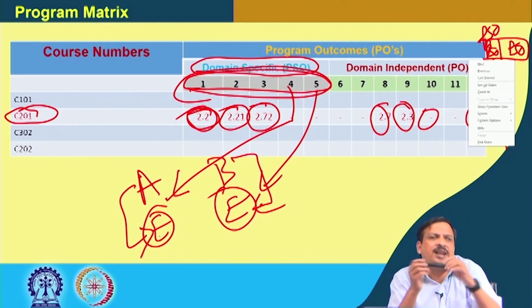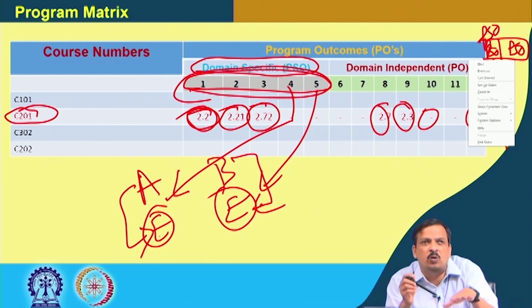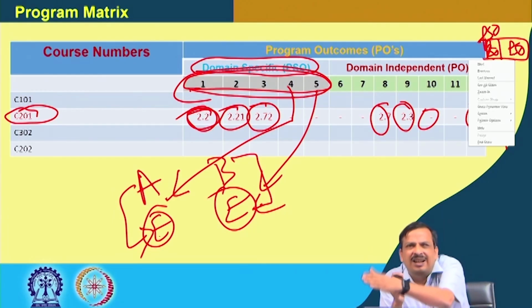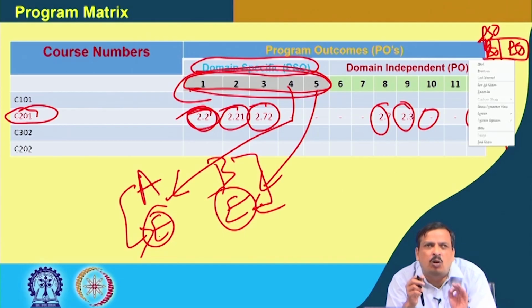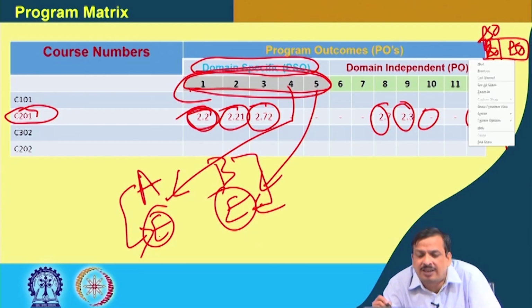Let us take the example I gave in lecture number 2: my POs are towards application software development, database and AI, artificial intelligence. So, I can say this program must have expertise on artificial intelligence. So, PSO must reflect that.